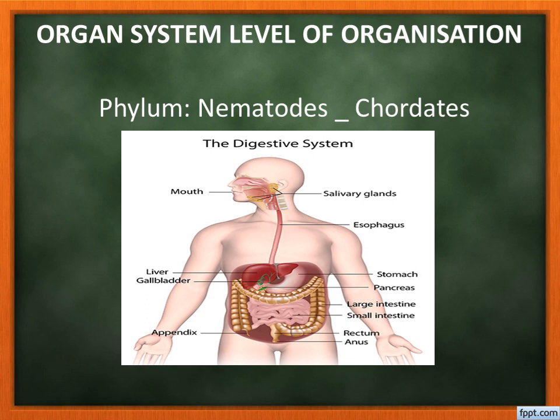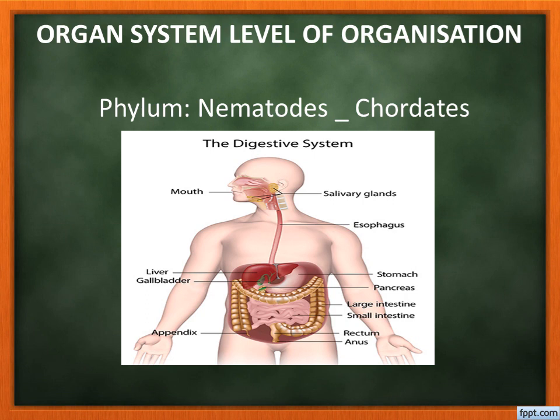The next one is organ system level of organization, right? I hope you know about the various organ systems that you may have learned in lower classes: digestive system, respiratory system, circulatory system, excretory system, and so on. You know many systems, right? What do we mean by system? One system consists of a group of organs doing a similar function, which is called an organ system. Here I displayed one figure that explains the digestive system of humans.